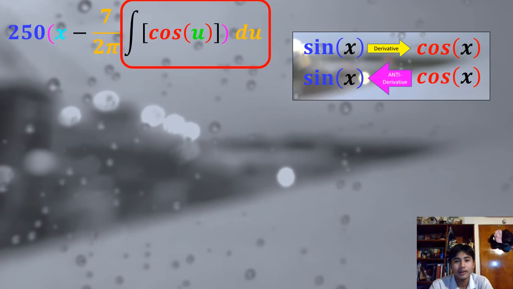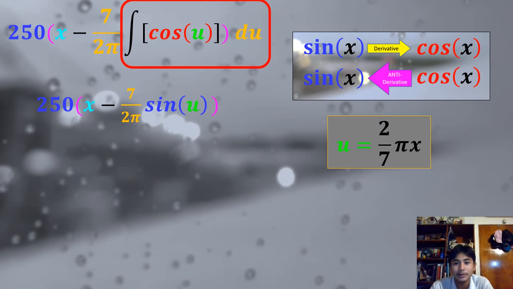And if we paid attention earlier, the antiderivative of cosine is sine. And this is pretty important, right? Because I said it was going to help us later on, and it's helping us right here. So we can just take out the antiderivative, and now we just have sine u. And we take out the du too.